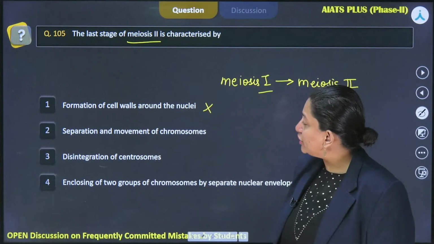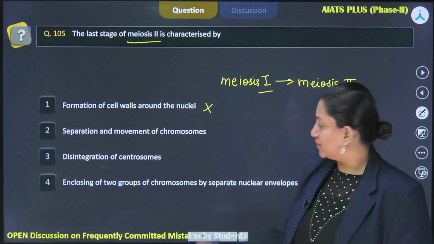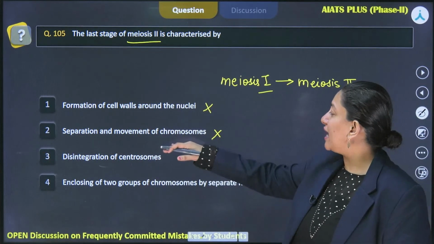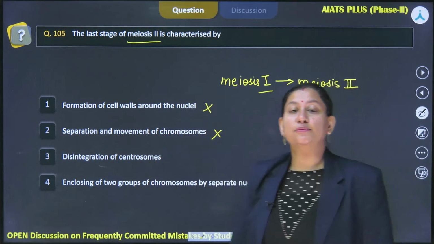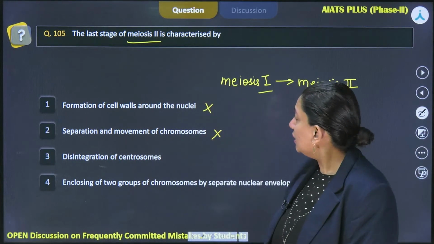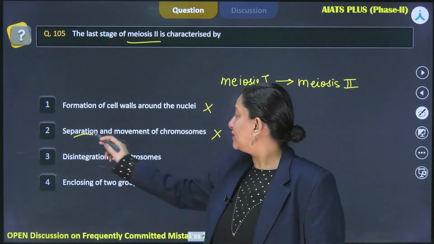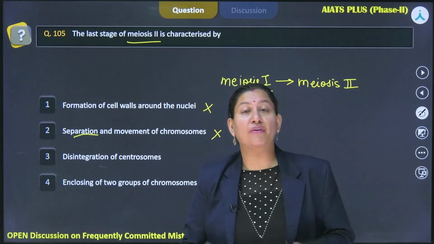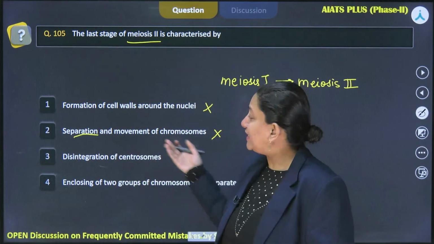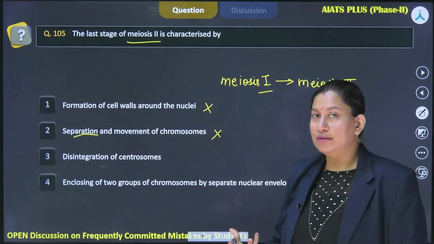It says separation and movement of chromosomes. This is also incorrect, because this occurs during anaphase 1, right? In anaphase 1, you have the separation of homologous chromosomes, and we say movement because they are moving towards the opposite pole. So this is an event of anaphase and not telophase.